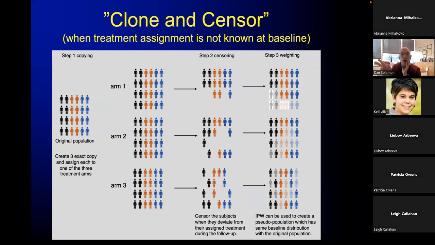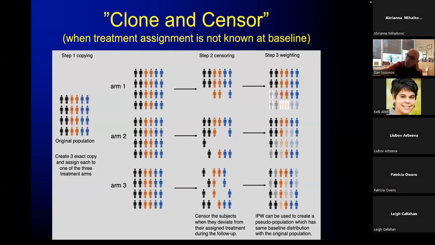And then over time, we're going to figure out which arm they're in, and we censor them from the arm that they're not in, because they declare themselves to be a no delay, short delay, or long delay, and they get censored. And then that censoring tells us how to weight people from the original cohort, right?